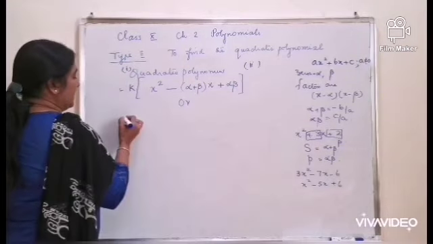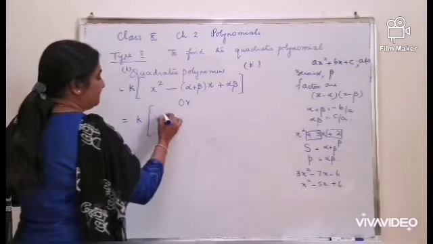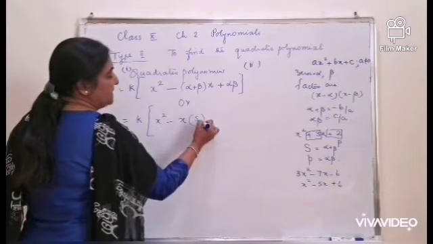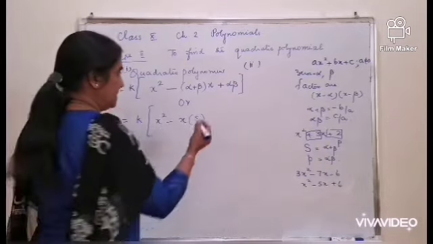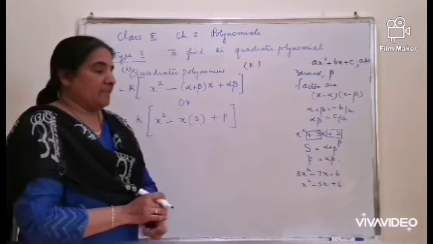Or you can simplify and learn as k into x square minus x into sum of roots plus product of roots.